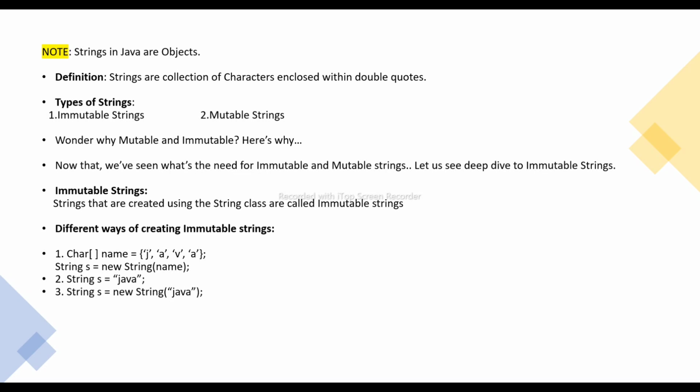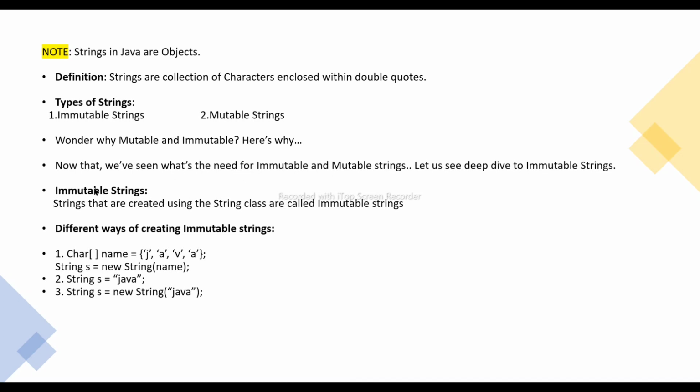For such things there is a concept called immutable strings. Now we have clearly seen what mutable strings and immutable strings are, and the necessity of having two types of strings in Java.